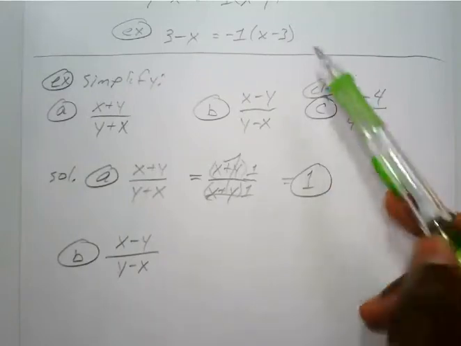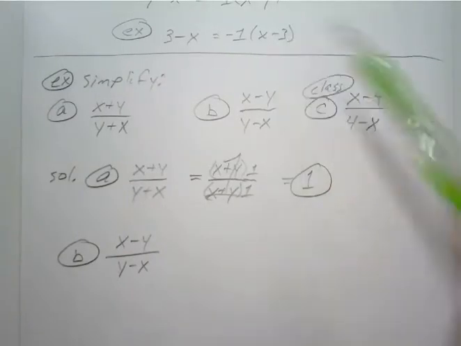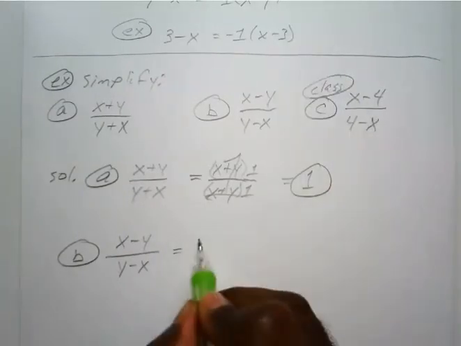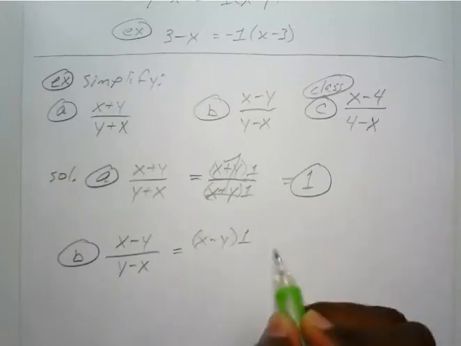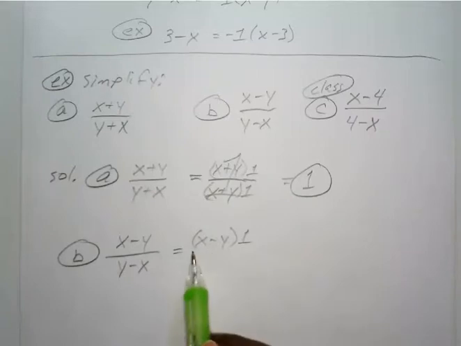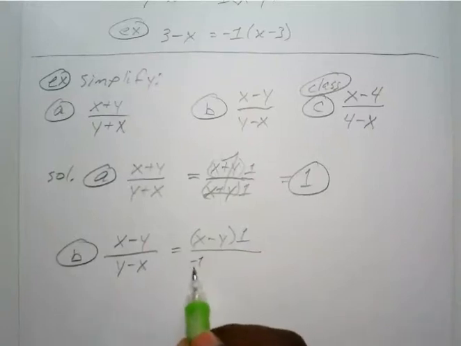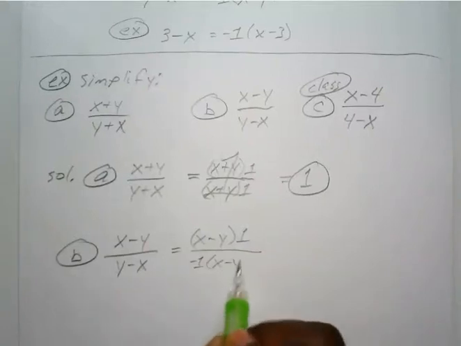That's where this little trick comes in up here. So we have x minus y over y minus x. Remember, we can make that negative 1 times (x minus y).